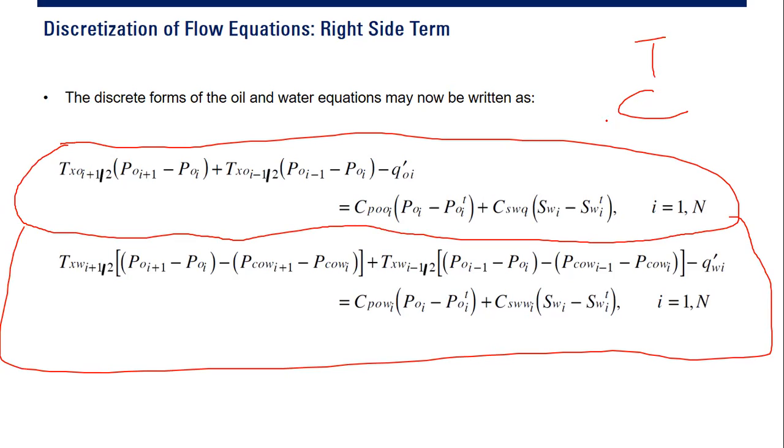This is for oil and this is for water. Now we don't have any differential form. We just have plus and multiply and minus. So now it's easier for the computer to use this calculation.